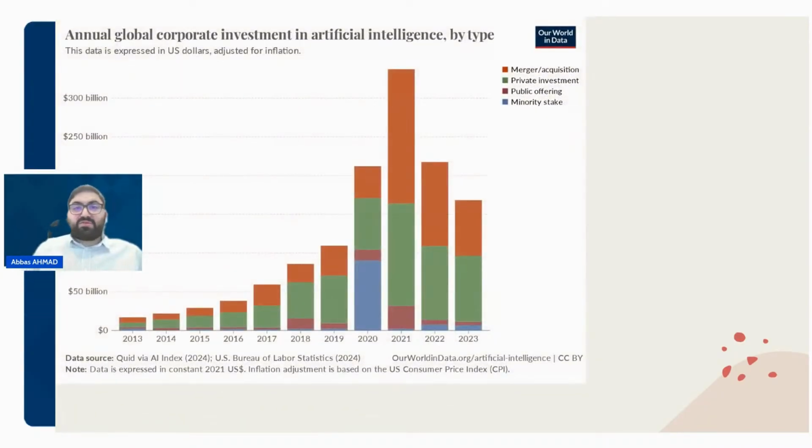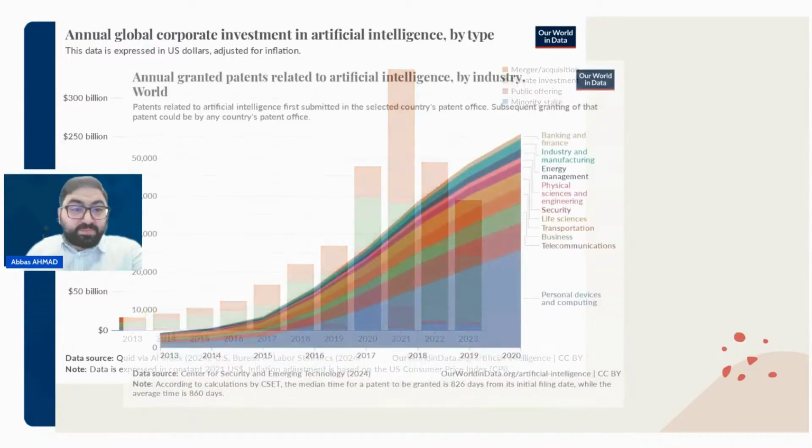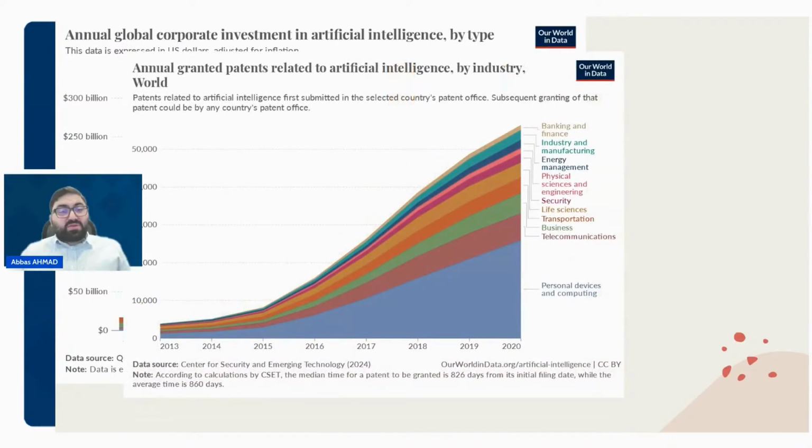Over the last years, of course, this is not something new to everybody. We have seen a lot of investment in artificial intelligence and in generative AI particularly, but we see that the amount of investment globally is massive. Actually, it's really huge investments that are being made, and those investments are not for a particular field.